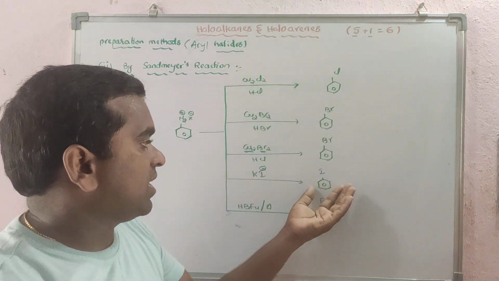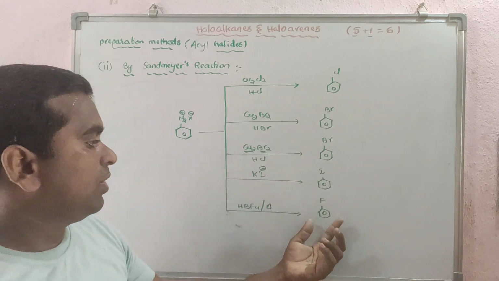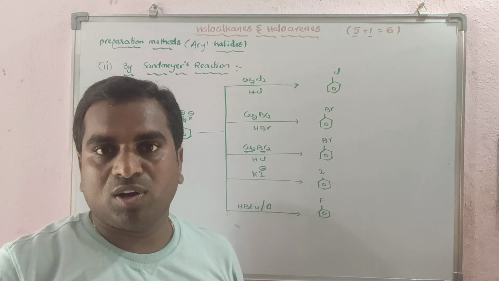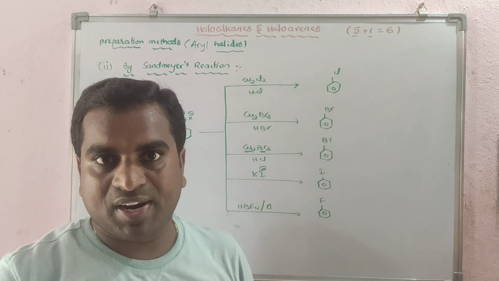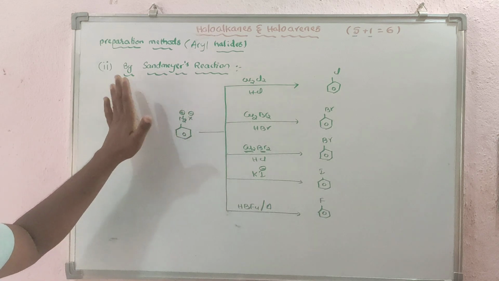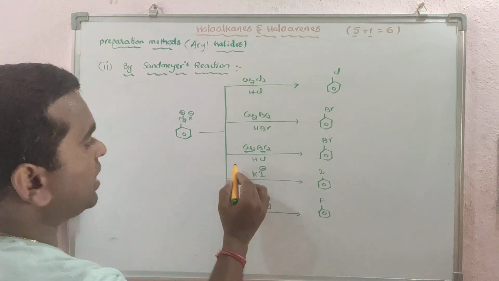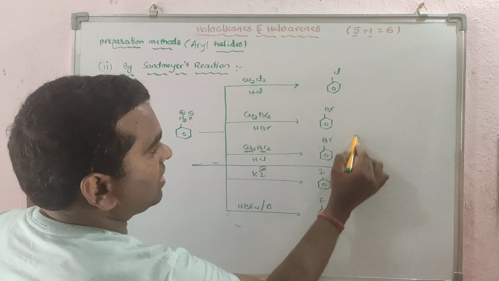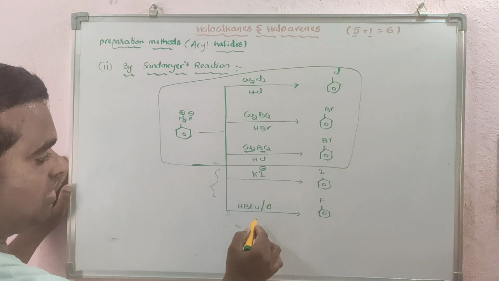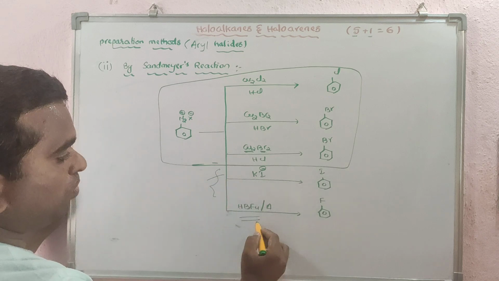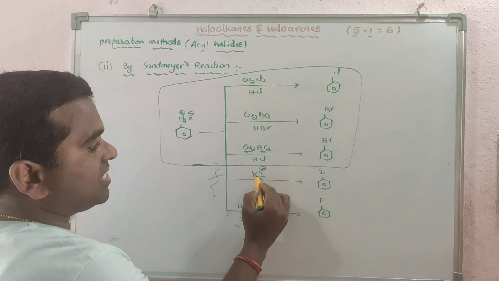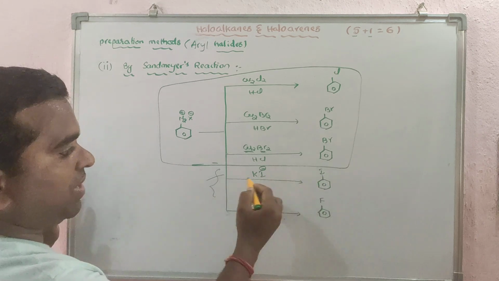So that's why you will get iodobenzene. If you want to prepare fluorobenzene, I already mentioned the reaction, the Balz-Schiemann reaction. So you will get fluorobenzene. This is about the Sandmeyer reaction. Up to here we call this the Sandmeyer reaction. These two are not Sandmeyer. You know this reaction, the Balz-Schiemann reaction, and this potassium iodide one is a separate reaction.